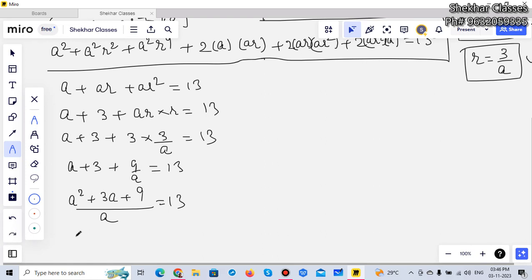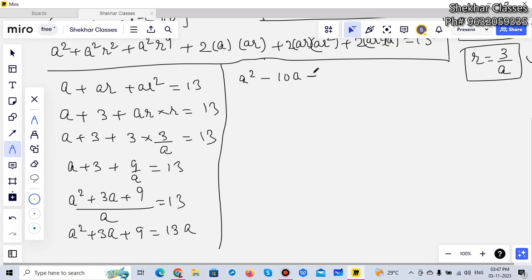A square plus 3A plus 9 is equal to 13A. Come on. So A square minus 10A plus 9 is equal to 0.